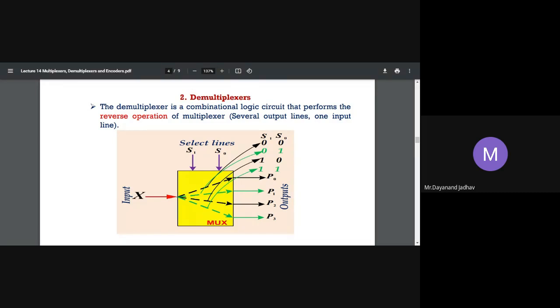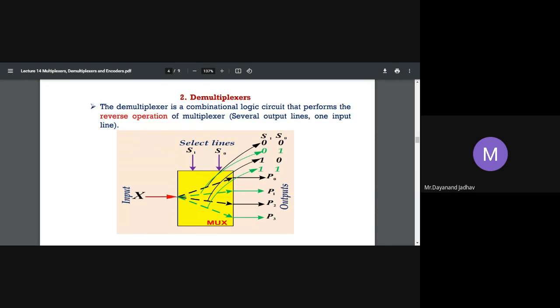But what about the demultiplexer? The demultiplexer is the combinational logic circuit that performs the reverse operation of the multiplexer. Several output lines, one input line, means here 1 is to 2 demux. Again, it works on the principle of select lines.